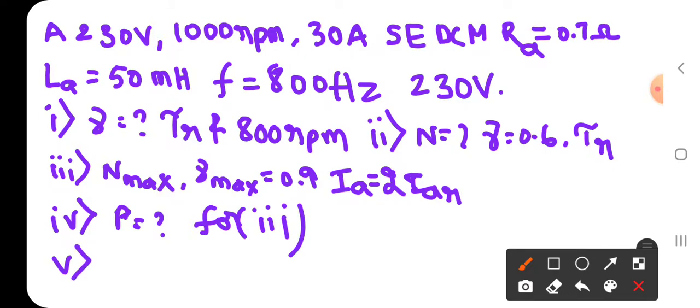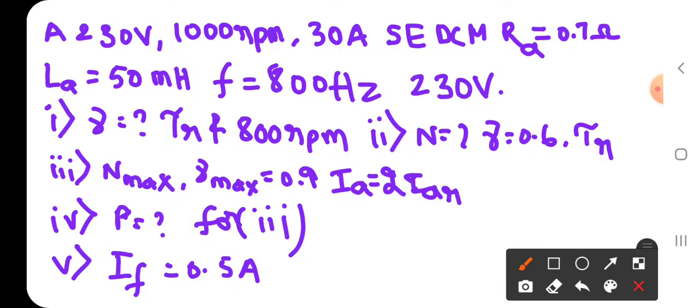Fifth one: the motor field is also controlled along with the armature voltage. Rated field current is 0.5 amps.